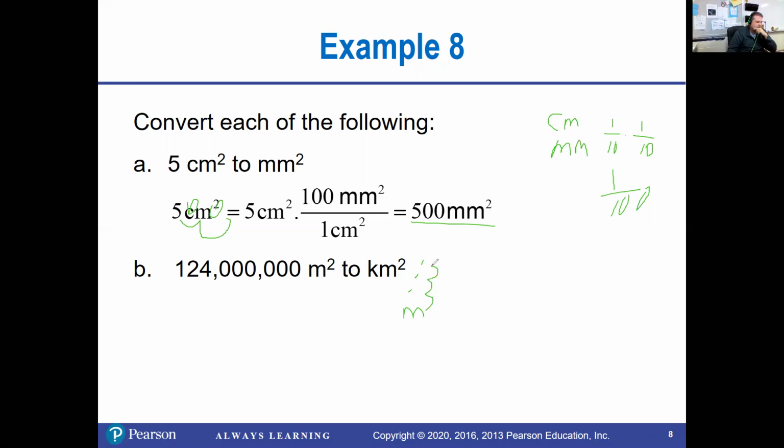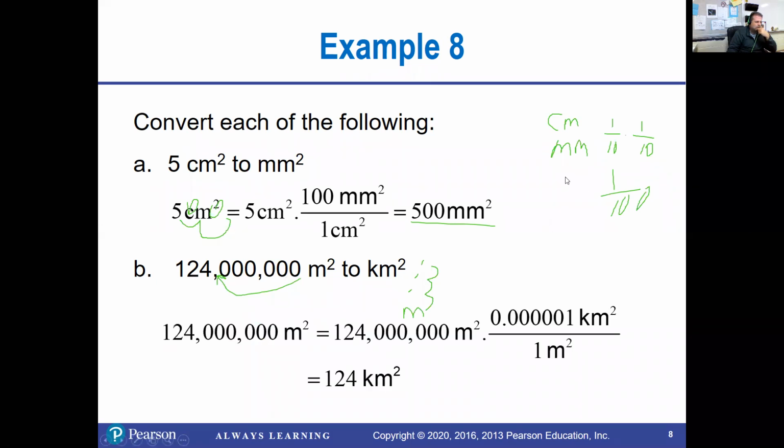Times 2, that'll be 6 places. So you should end up with 6 places to the left, and I should end up with 120 kilometers squared. It's 3 places, which means I moved the decimal 3 places for linear, and another 3 places for area. All right. So far so good. Oops, gotta clear that out. Sorry.